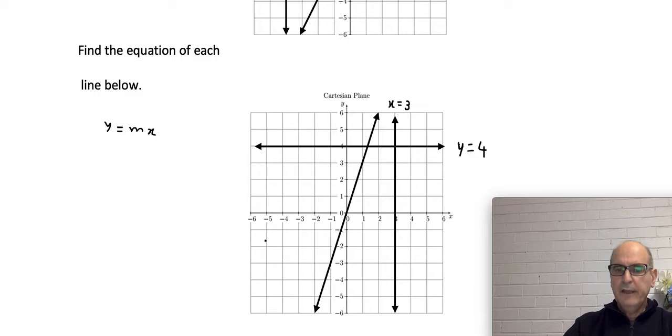The only thing is I need to work out what m is. To find m, take this point, for example, on the line. Its x is 1 and its y is 3.